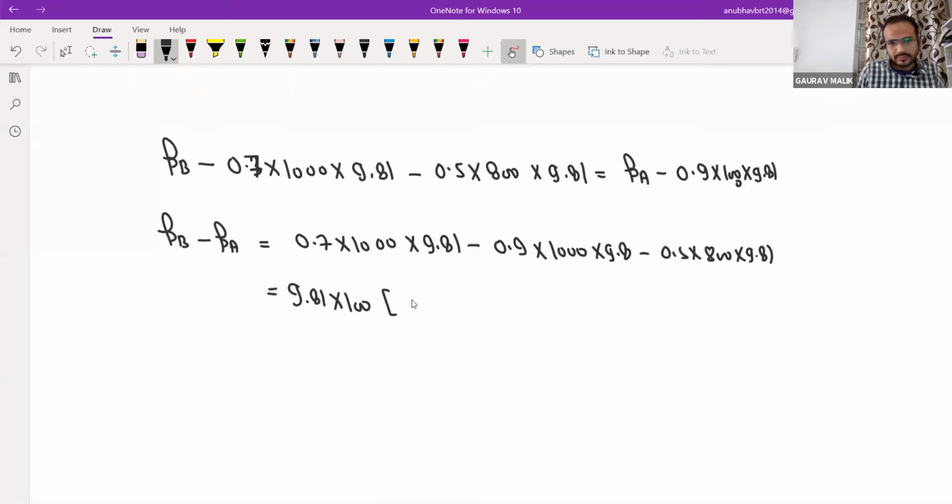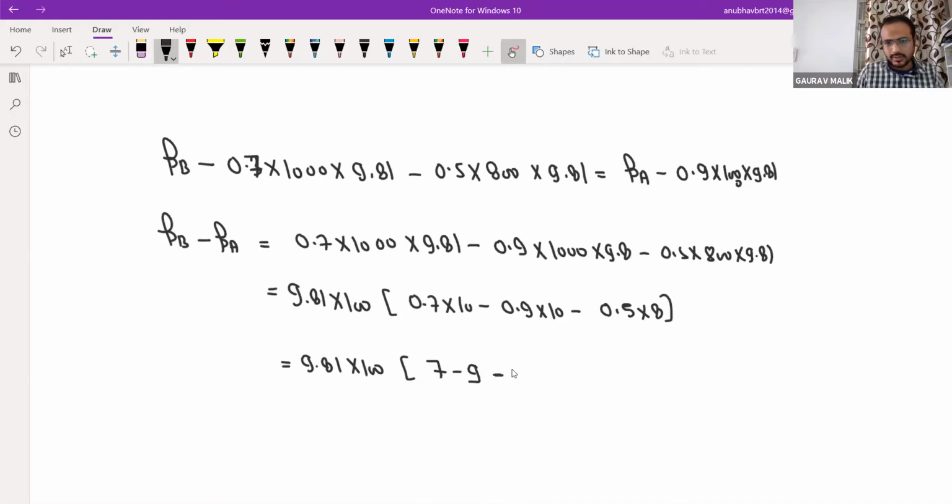So you will get 0.7 into 10 minus 0.9 into 10 minus 0.5 into 8, that is 7 minus 9 minus 4. So we will get 9.81 into 100.